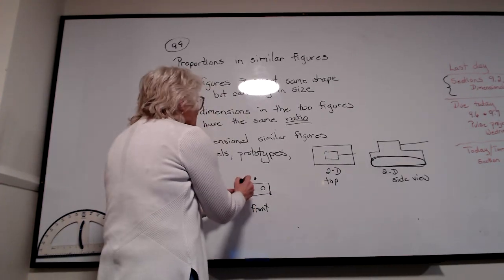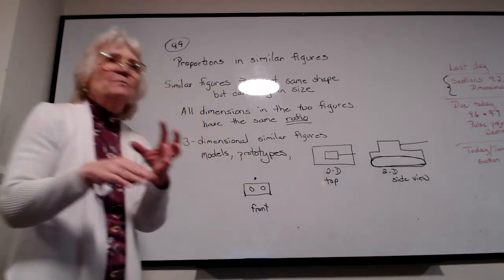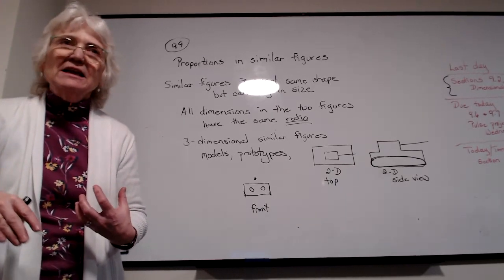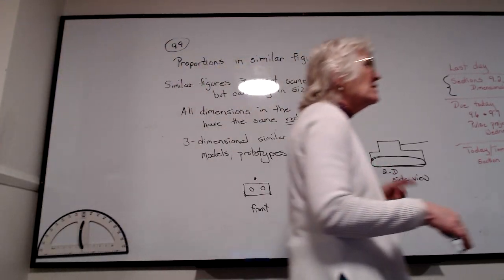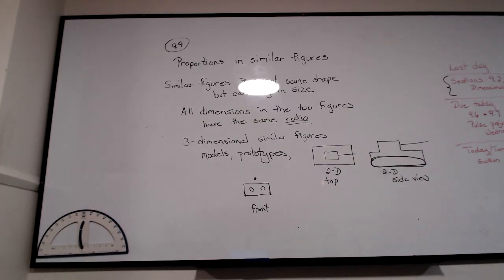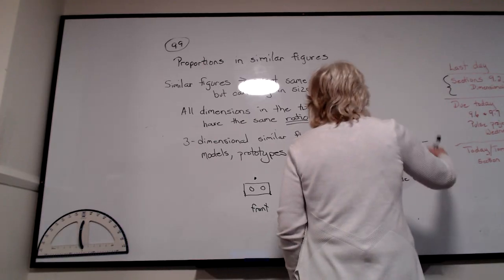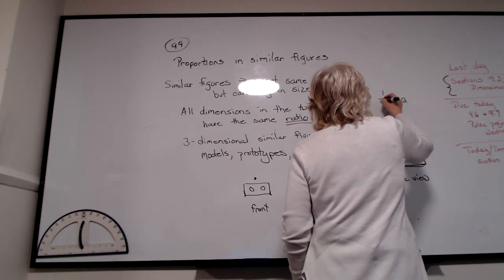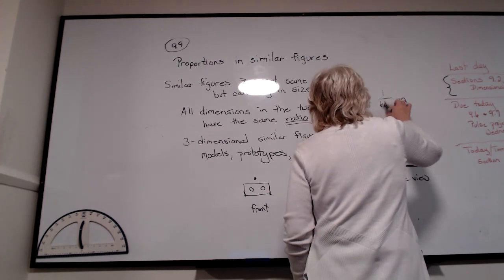And then again, you want to know the dimensions of each part that's there so you can do it to scale. So you would measure it in real life, and then if you're doing 1 to 64, let's say it is 32 feet long. Our scale is going to be 1 to 64.